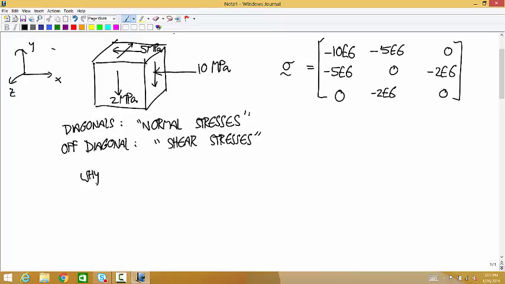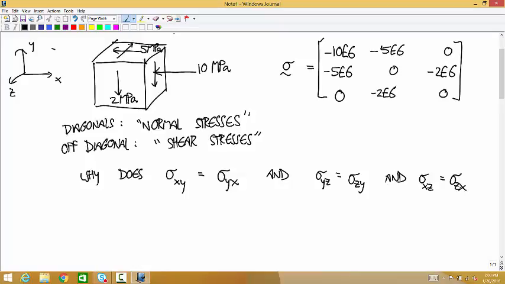So why does sigma xy equal sigma yx, and sigma yz equal sigma zy, and, well, this one doesn't appear in this problem, but symmetry says that sigma xz has to be equal to sigma zx.